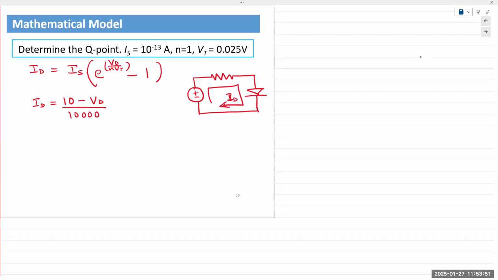So the diode current is also the supply voltage current. It's also the resistor current. So we can find the diode current by simply applying Ohm's law to that resistor. And that's what we did here. We have 10 volts here, and we have diode voltage. So the two ends of the resistor are at 10 volts and VD, and current's going from left to right. So it's 10 minus VD over 10,000. One equation, two unknown variables.